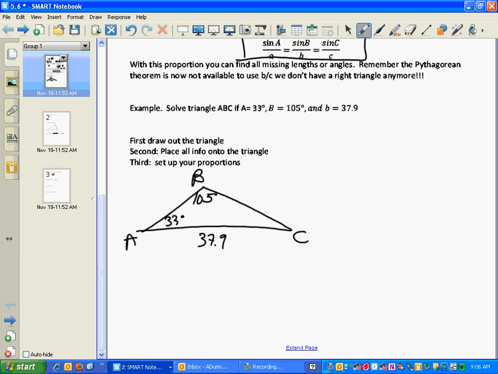So if you're laying it out in the wrong manner, well then guess what? You're going to get wrong answers. Uppercase represents angle, lowercase represents side.